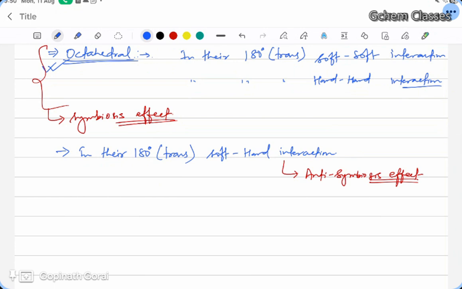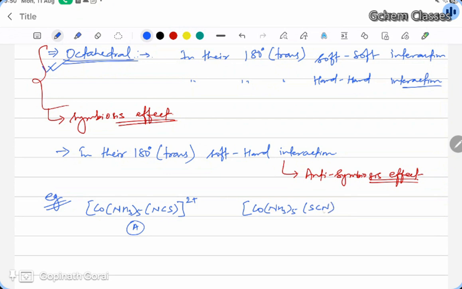Understood? Now, if I take one example, suppose a complex cobalt NH3 5 times, and NCS, 2 plus, this is A. And one more example, cobalt NH3 5 times, and SCN, 2 plus, this is B.